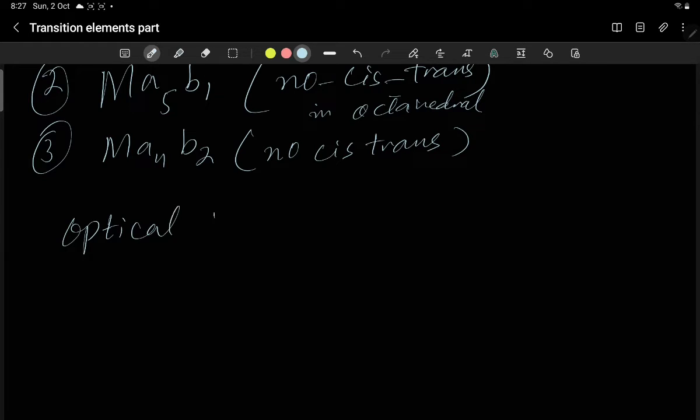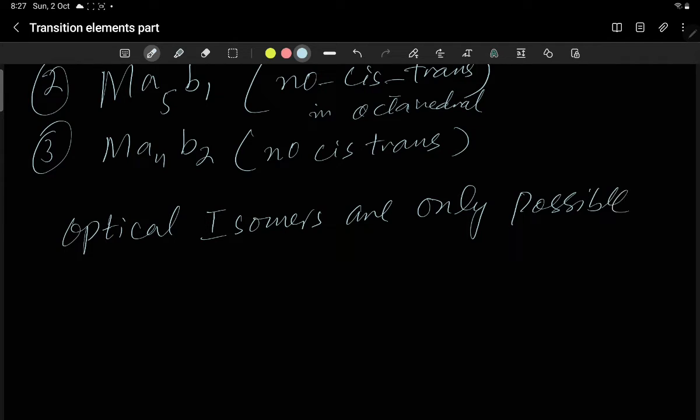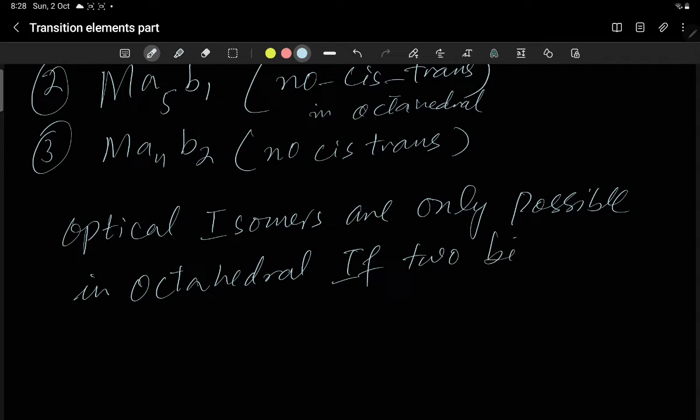Optical isomers are only possible in octahedral if two bidentate ligands are present.